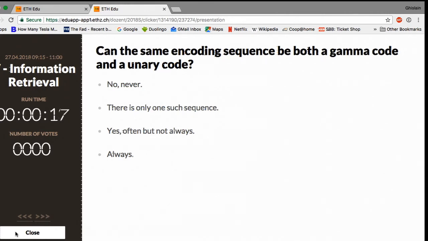Very quickly, it's a very, very easy one, if you think a little bit. It's the kind of question that validates that you understood, because you can only understand this question if you really understood the codes.